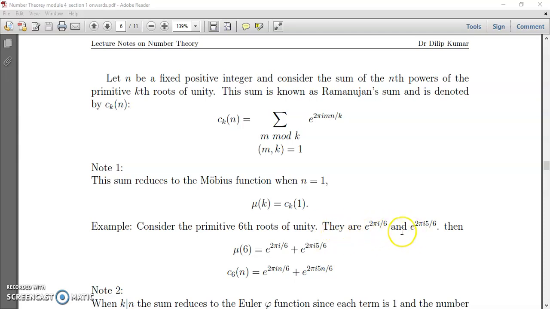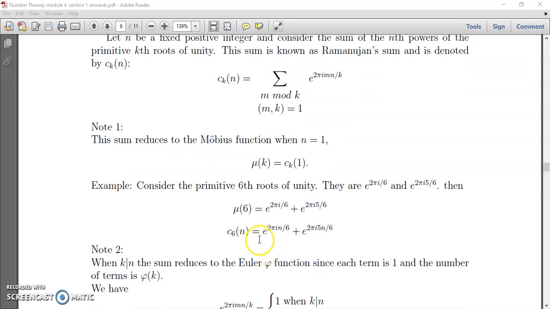These are the two primitive sixth roots of unity. So now mu of 6 is nothing but the sum of these two primitive roots, that is e raised to 2 pi i by 6 plus e raised to 2 pi i 5 by 6. How do we find these primitive roots? They are the numbers which are relatively prime to 6, that is 1 and 5.